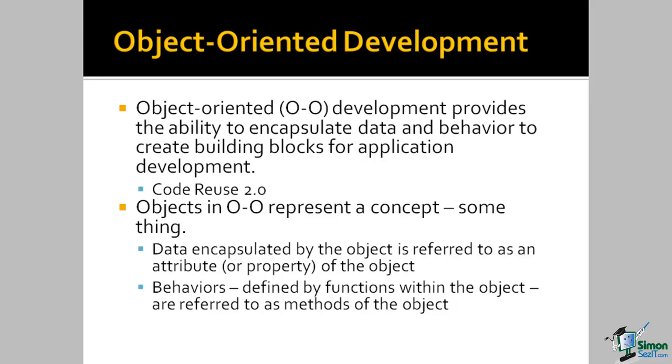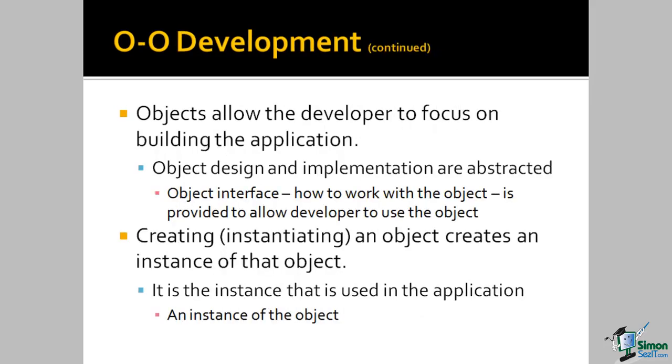So another advantage of objects is that they have a very clearly defined interface for their use. So if we're a user of an object that performs some complex task for us, then we can focus on building our application without concerning ourselves about the complexity of the implementation of the thing that the class is doing.